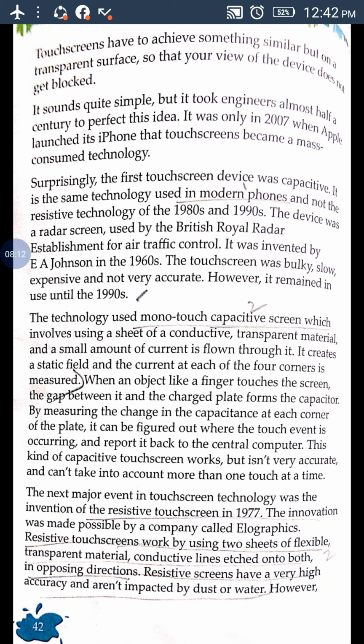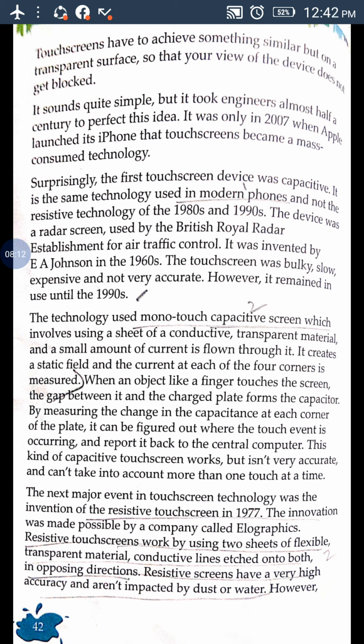When an object touches the screen, the invisible light beam is interrupted, causing a drop in the signal received by the photosensors.